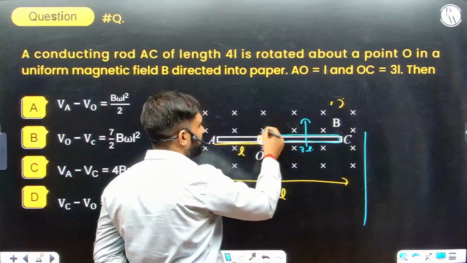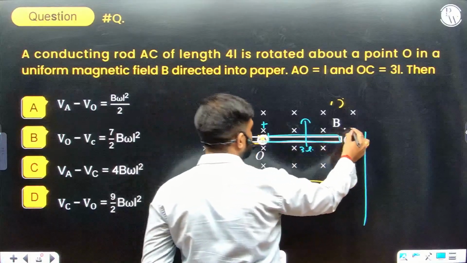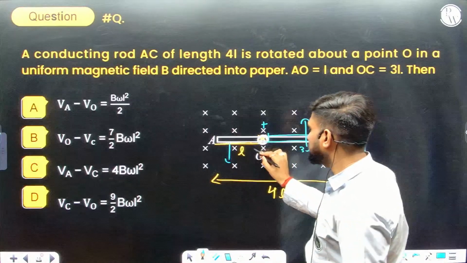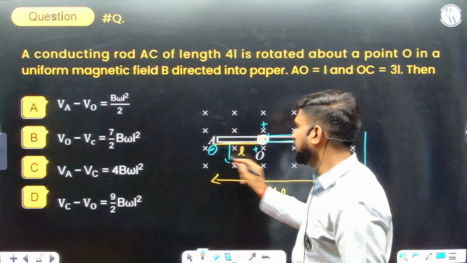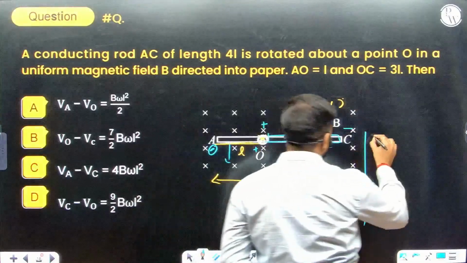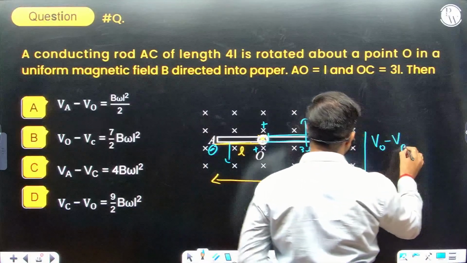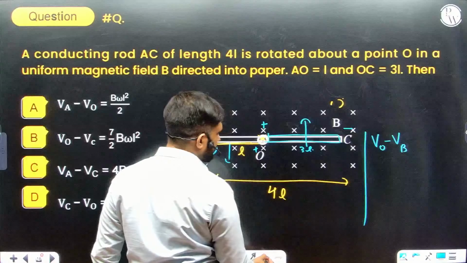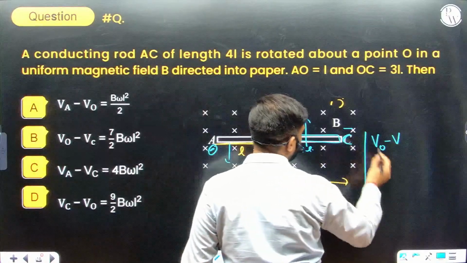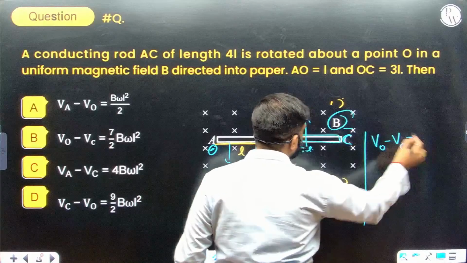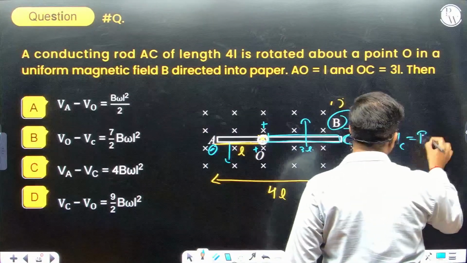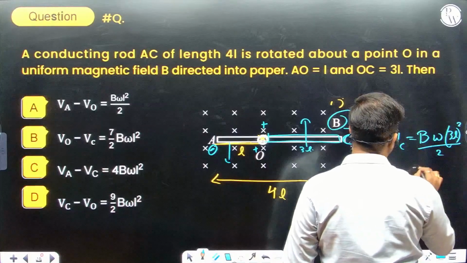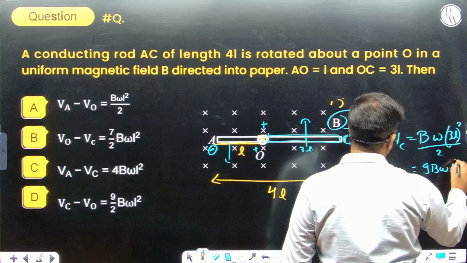So the higher potential will be O, lower will be C, and for this one it's going downwards, V cross B, so again the higher potential is O and the lower one is A. So VO minus VC, the potential difference, same thing. It will be the formula which we wrote, B omega, length is 3L, so 3L square by 2. So 9 B omega L square by 2.